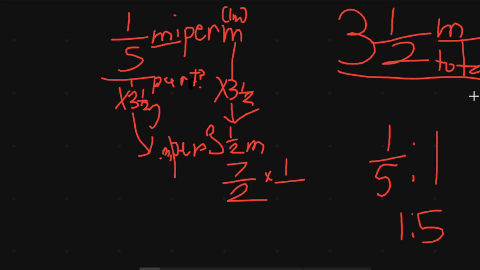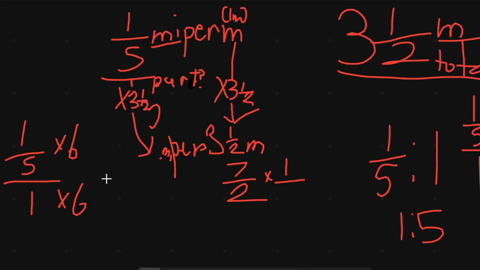Ratios are pretty much just fractions. So that's 1/5 over 1. And fractions can be simplified and complexified. So we can multiply both of these by, let's throw out a random number, 6. It can be multiplied by 6 over 6, or any number over itself, and 6 over 6 is 1.